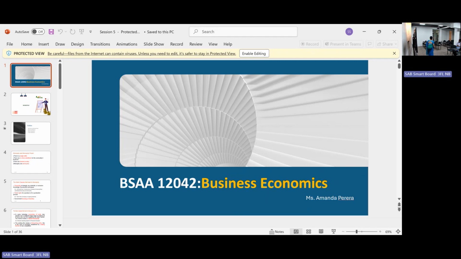Red is elastic, right? You can see the same price difference, a large quantity change in the red curve. But for the blue, same price change, a smaller quantity. That means here the red one is elastic demand.